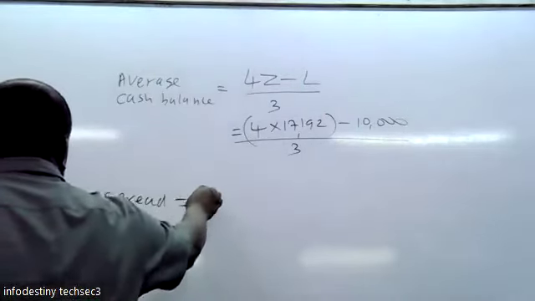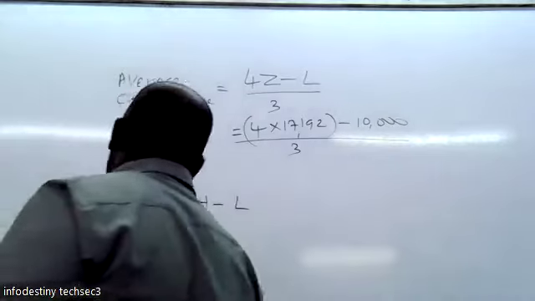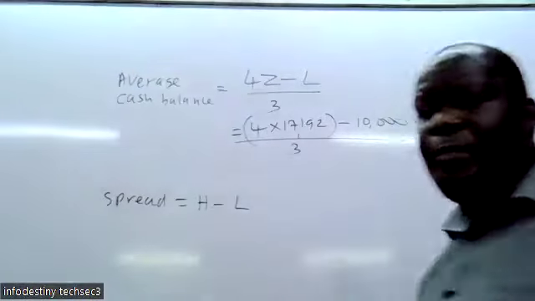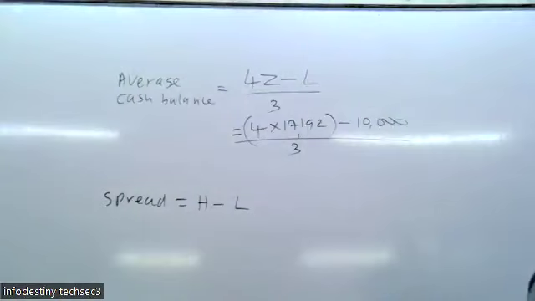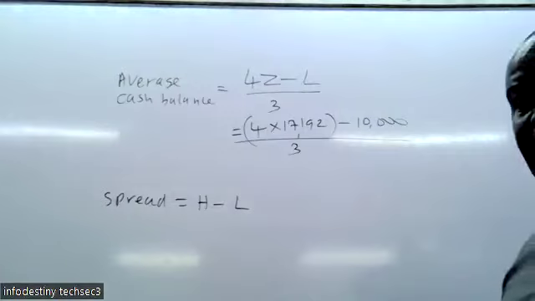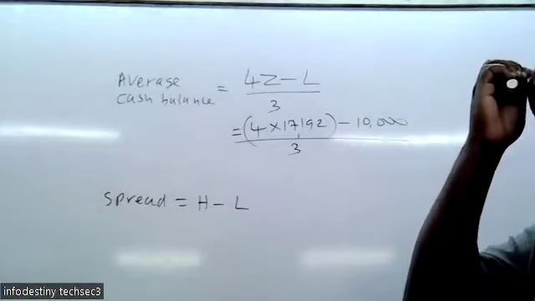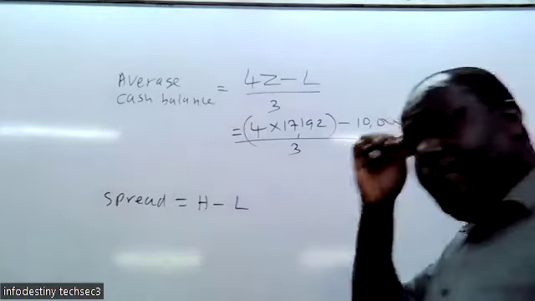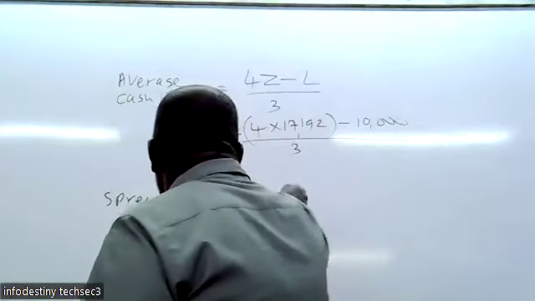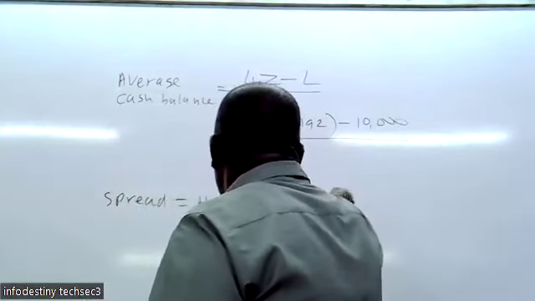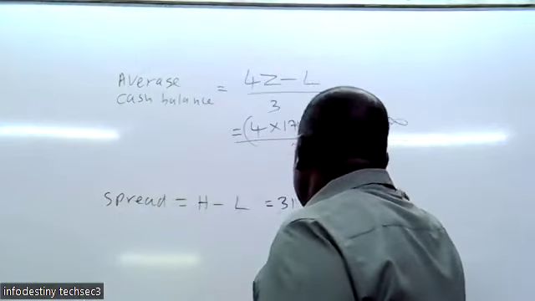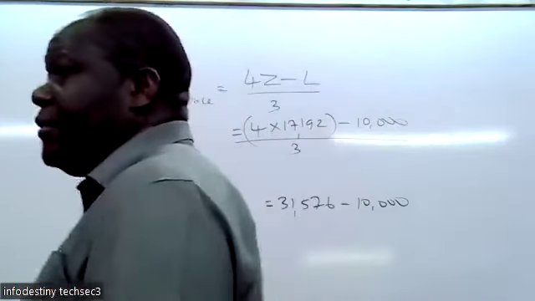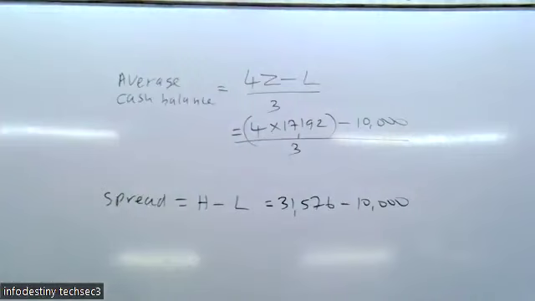So spread is H minus L. So the spread is the upper limit minus the lower limit. So that upper limit was which figure? 31,576. So the lower limit is 10,000. So that should be able to give you the spread.